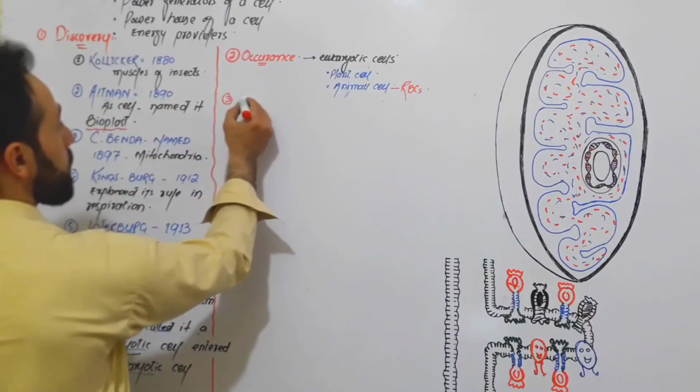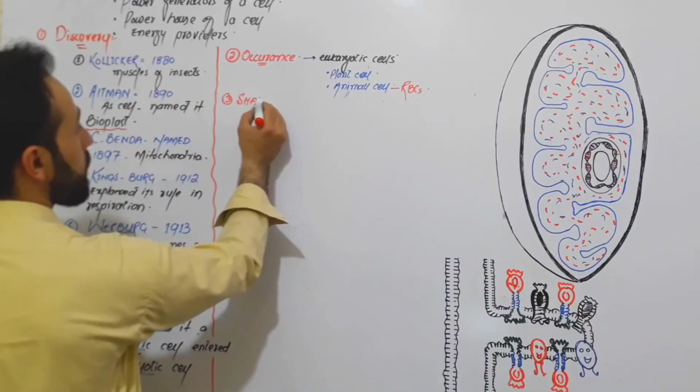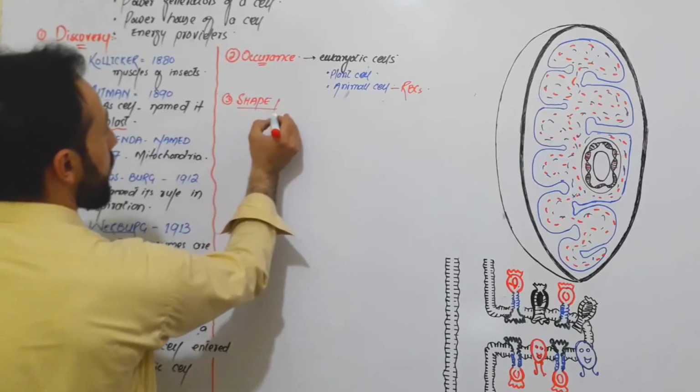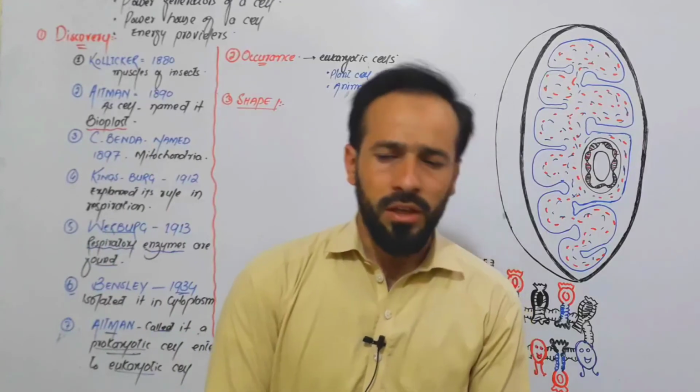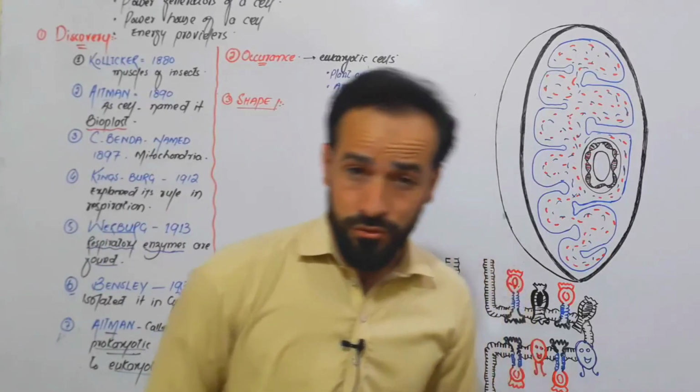Then the third point about mitochondria is its shape. What is the shape of mitochondria? Mitochondria has many shapes. In different cells, it has different shapes, right?